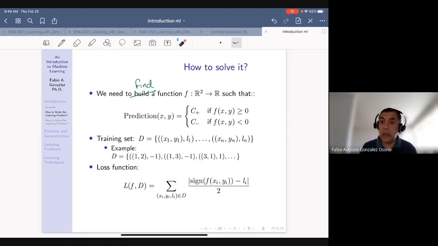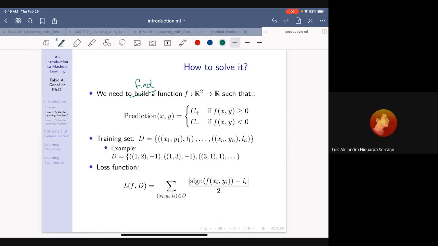So remember, yeah, Luis Alejandro. He's taking, for example, even if we classify as 1 and 0, for example in logistic regression, we have a value between 0 and 1, and we can subtract the real value and the predicted value.